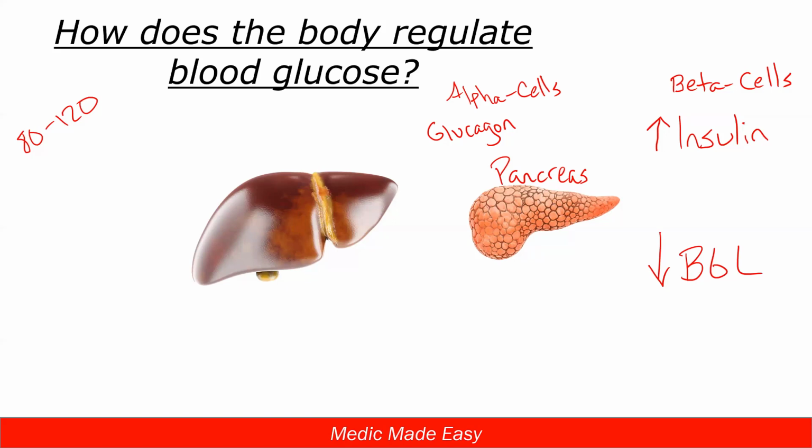Alpha cells make glucagon, beta cells make insulin. And so if our pancreas makes more glucagon, it should have the effect of raising blood sugar.